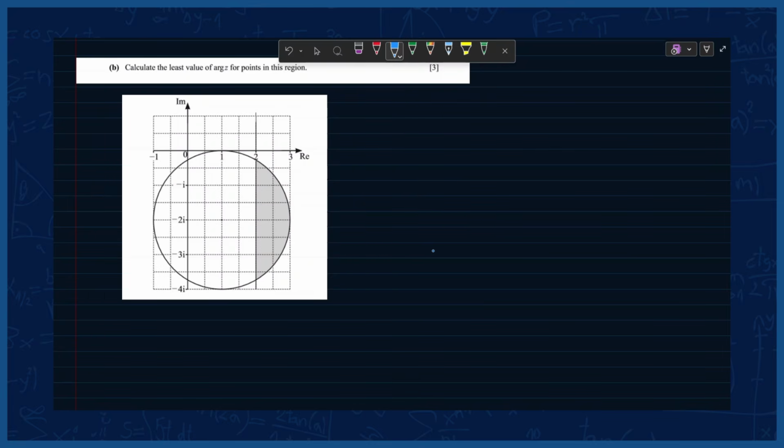So we're saying what is the smallest angle formed between our positive real axis and any of these points in the shaded region. So it's going to be this point here that gives us the smallest argument, because remember this time we're on the negative side. So by smallest we mean the most negative. So we need to find that angle there.